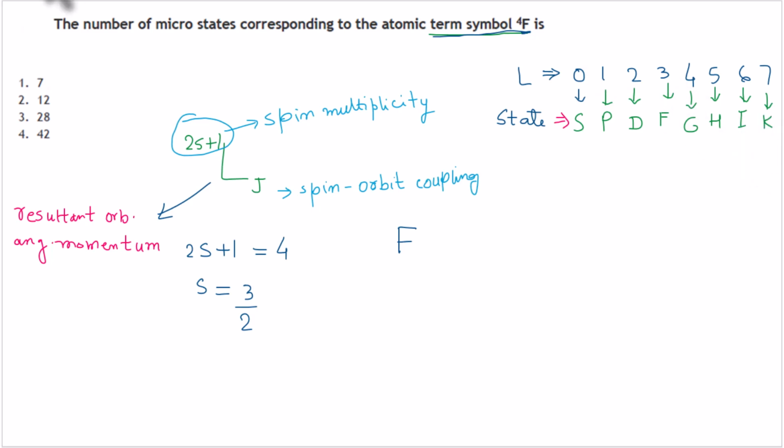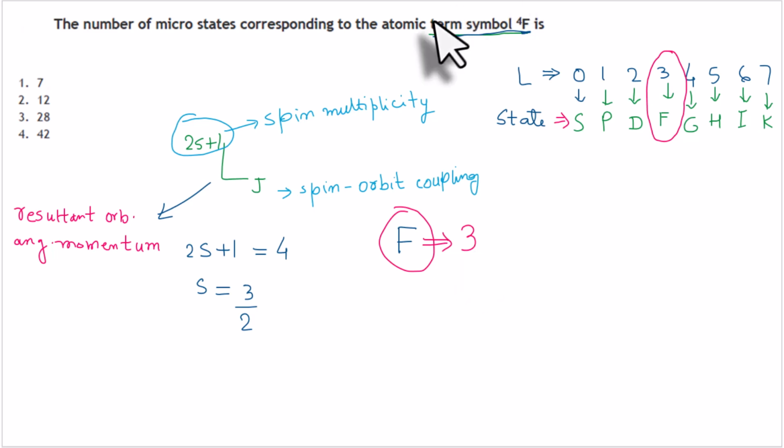For L value 3, the state symbol is F, so the F in our question corresponds to an L value of 3.